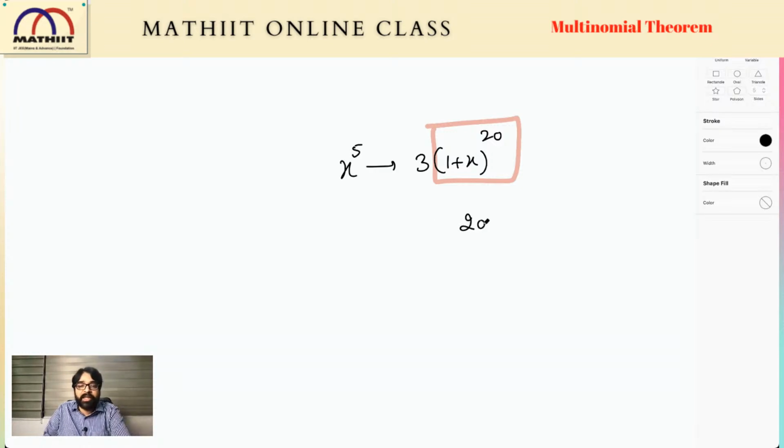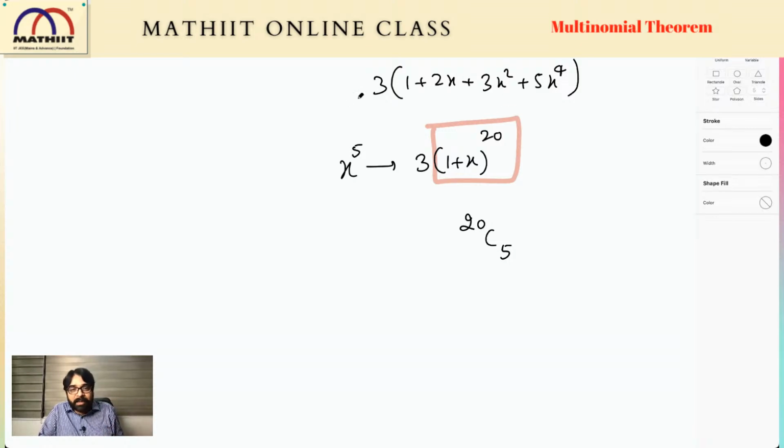We'll say 20C5. And 3 is already there, no? That will multiply. If I say 1 plus 2x plus 3x square plus 5x power 4, in this, find the coefficient of x square. So will you say 3 or 9? You will say 9. The coefficient of x square is 3 here.